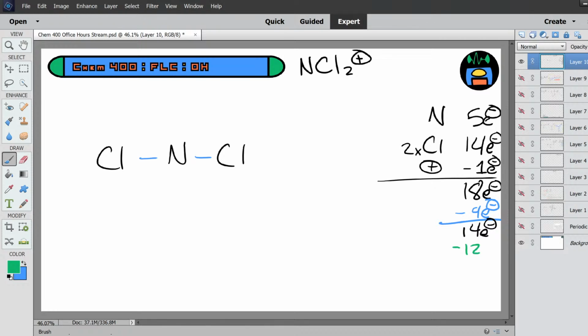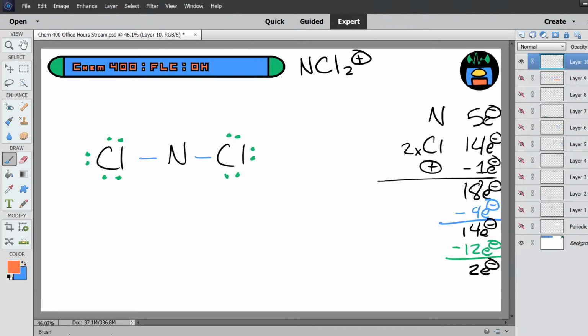So I'm going to spend 12 electrons in order to complete chlorine's octets. All right, so completing chlorine's octets, now we go 1, 2, 3, 4, 5, 6, 7, 8, 9, 10, 11, and 12.